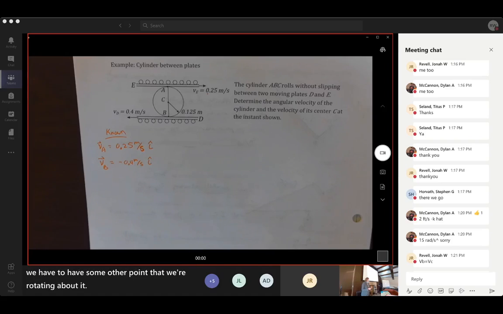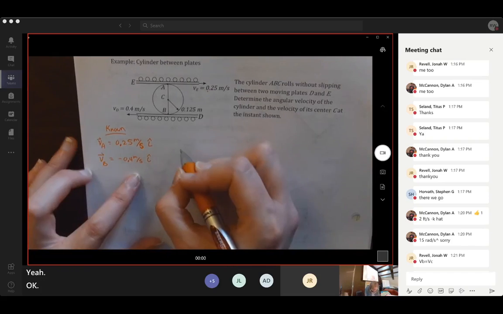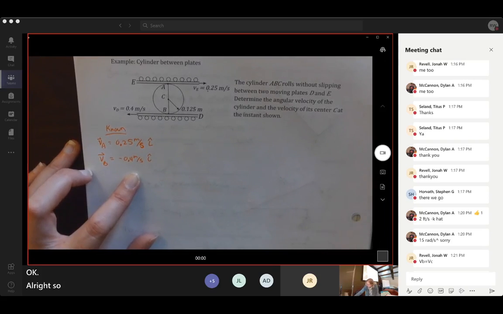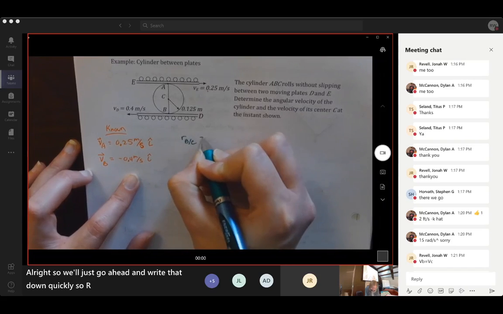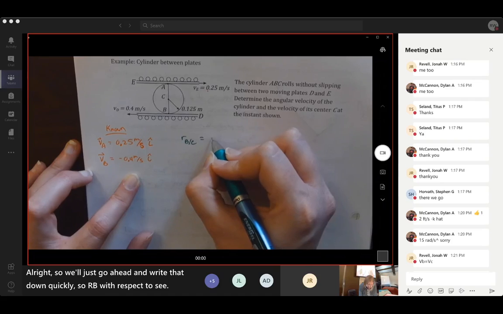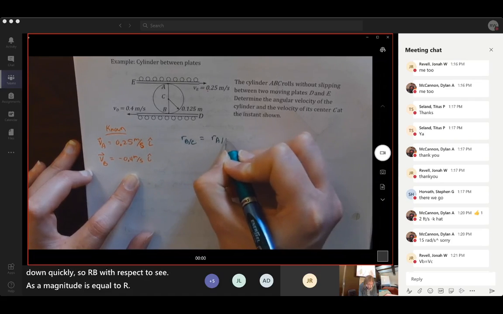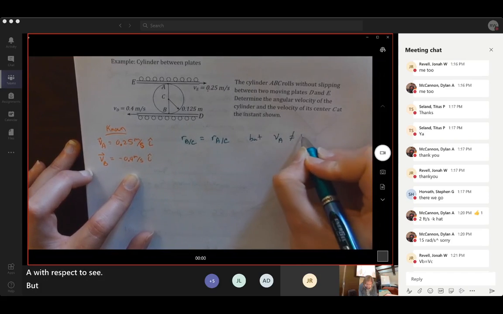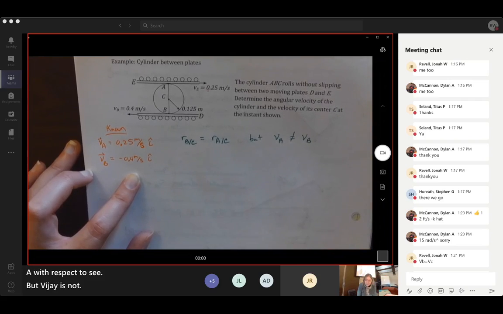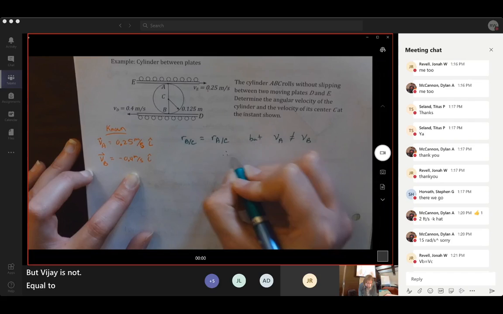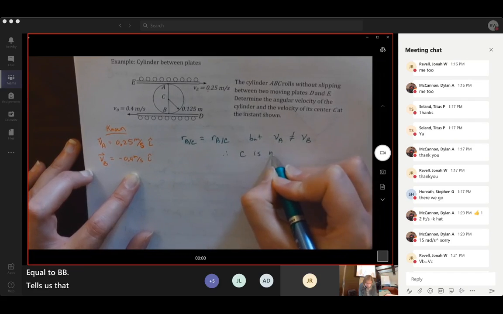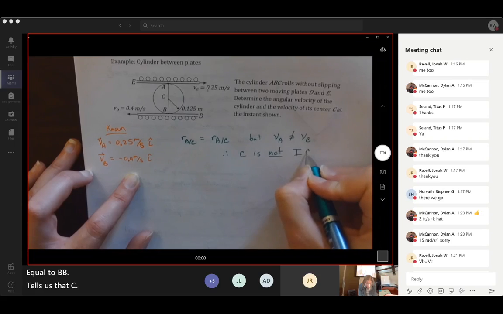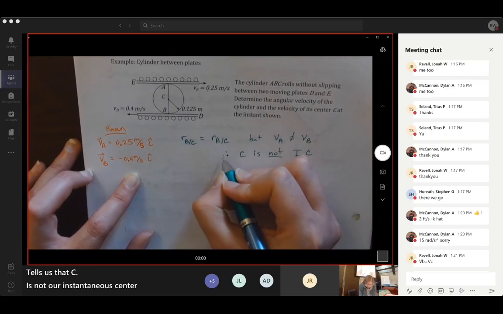So the magnitude of R B with respect to C is equal to R A with respect to C, but VA is not equal to VB, which tells us that C is not our instantaneous center of rotation.